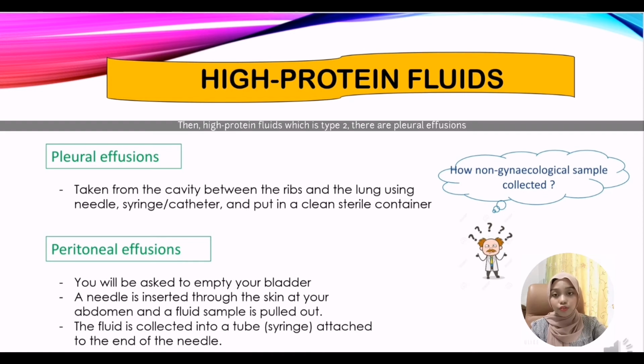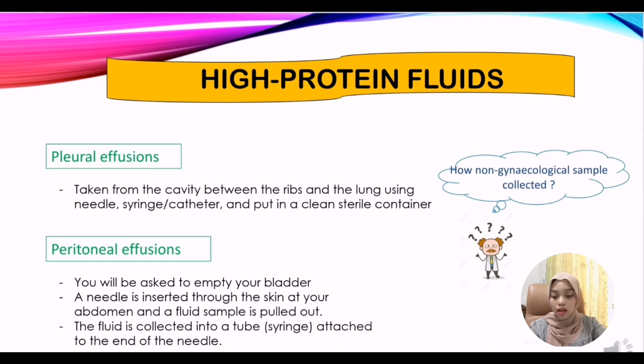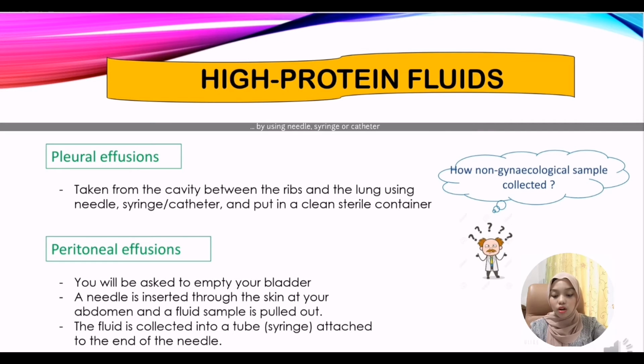Then high protein fluids, which is type 2, they are pleural effusions. Pleural effusion is taken from the cavity between the ribs and the lung by using a needle, syringe or catheter, and also put in a clean sterile container.